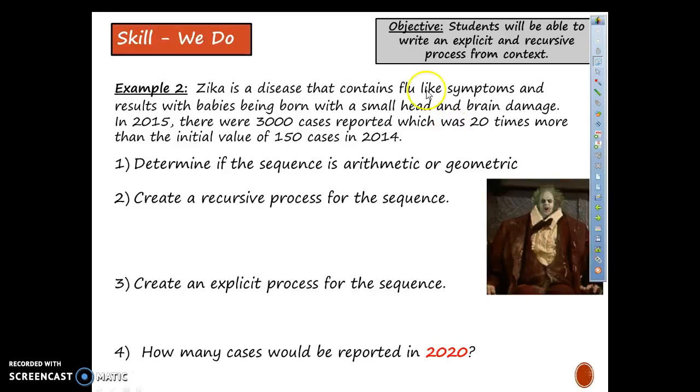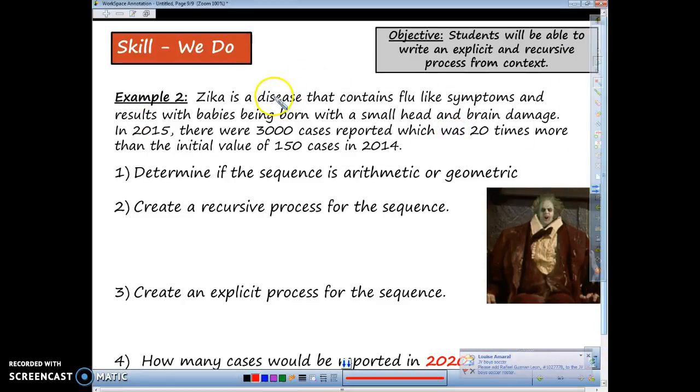Okay, next example, example 2. This problem says Zika is a disease that contains flu-like symptoms and results with babies being born with a small head and brain damage. In 2015, there were 3,000 cases reported, which was 20 times more than the initial value of 150 cases in 2014.